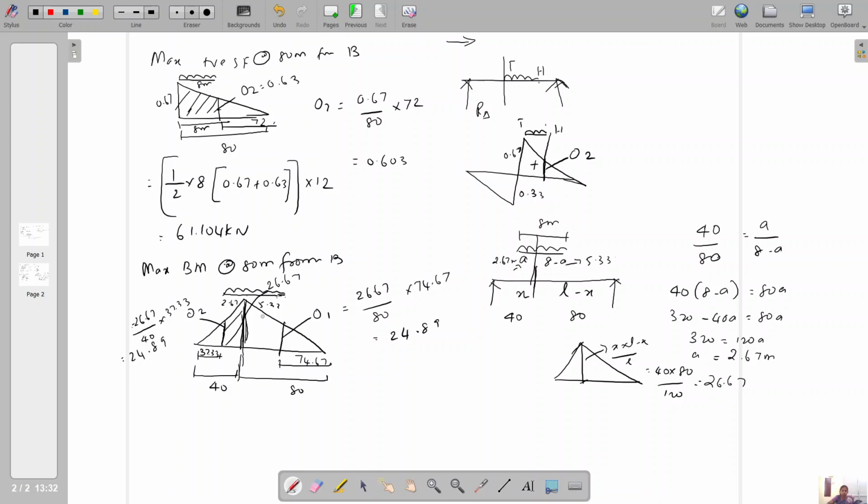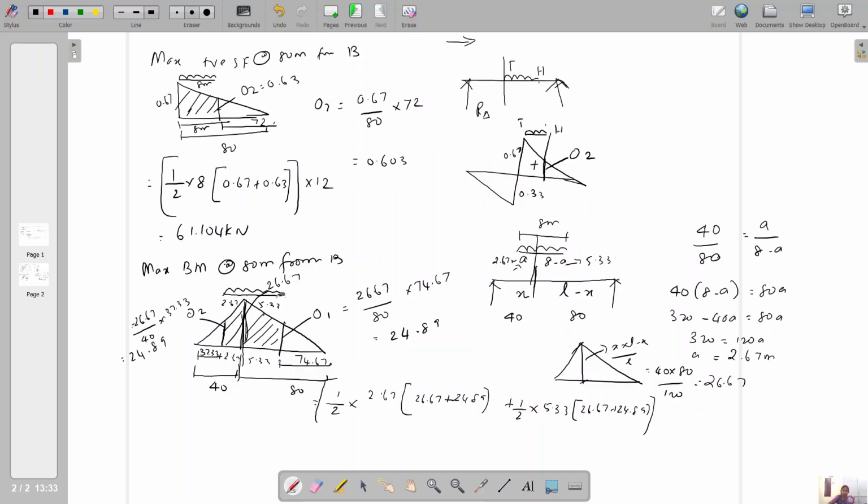So we need to find this area. I'm going to write here half into the span, here 2.67, here 5.33. Half into 2.67 into (26.67 plus this ordinate O2 24.89), this is one part, the left side part, plus half into 5.33 into (26.67 plus 24.89), the right side part.